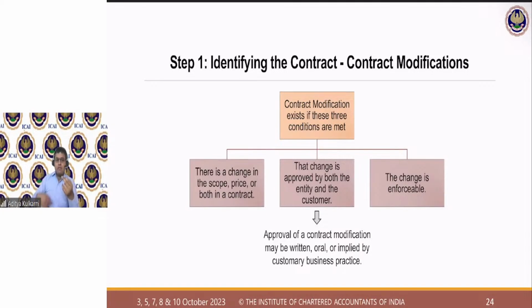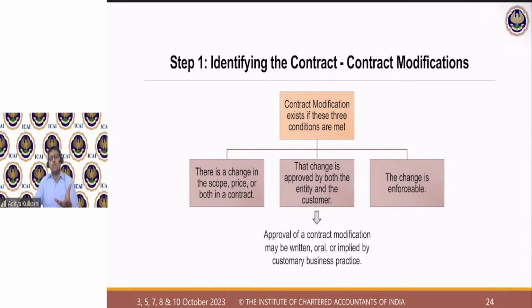So what happens is, when you're doing Ind AS 115, it's not just learning new things, it is unlearning what you already have learned. And we are coming with a baggage of income tax, we are coming with a baggage of GST, we are coming with a baggage of the Contract Act itself, we are coming with a lot of past baggages which are there. So for Ind AS, any Ind AS for that matter, tomorrow you will study Ind AS 109, where there are concepts which you probably may not have heard of before.